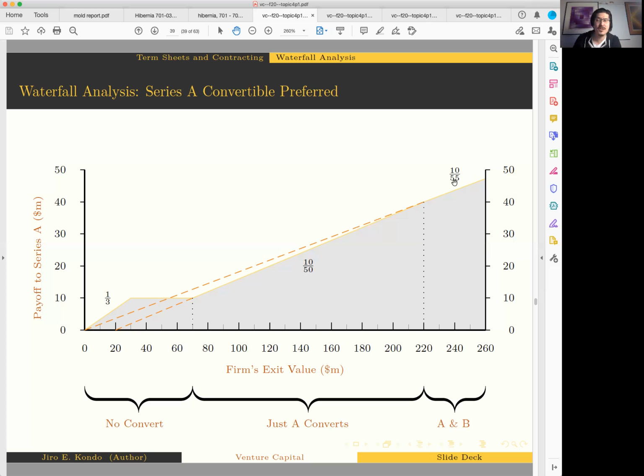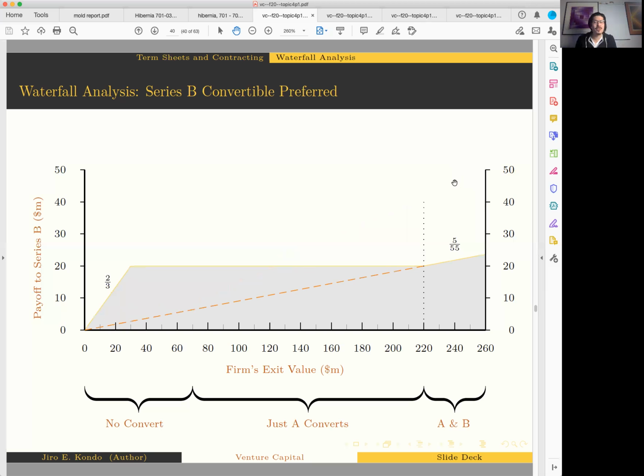All right, so this is this round. Let me show you what the payoff diagram looks like for Series B. Series B, can we agree, gets 2/3 up to 30? Right, so that means common equity gets nothing from 0 to 30. We knew that. And do we agree they have plateaued from 30 to 220 because they're not converting?